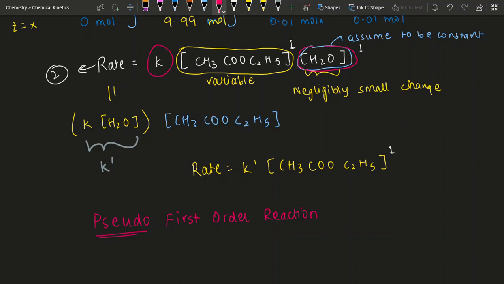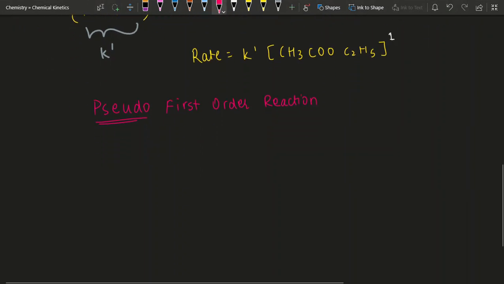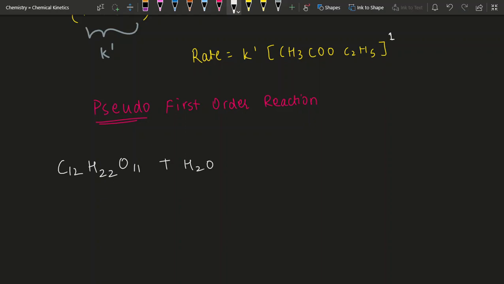And some other example of that would be the inversion of cane sugar. Cane sugar is a natural product. Its chemical formula is C12H22O11, and when it reacts with water as a solvent and with some acid catalyst, it decomposes into glucose, C6H12O6, and fructose. Both of them have the similar formula.